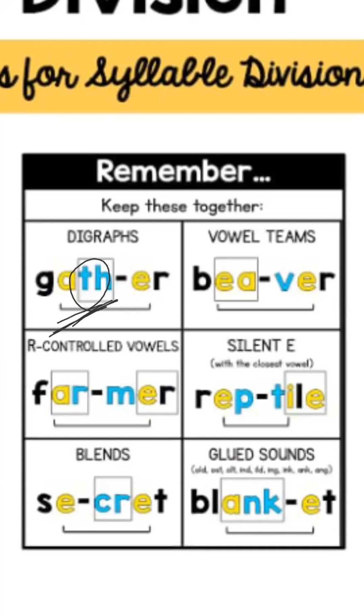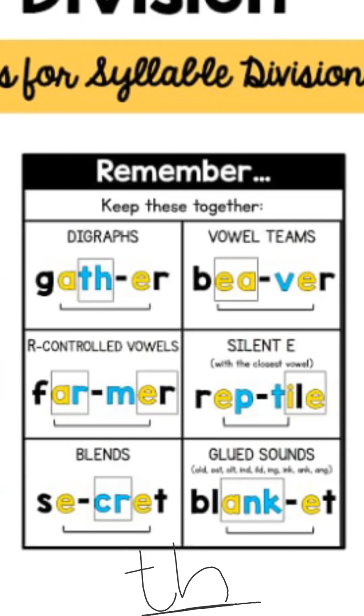Blend means two sounds, like bl, cl, dr, where you have two sounds. But a digraph means two letters and one sound. Two consonants giving one sound becomes a digraph. So you cannot split digraphs.